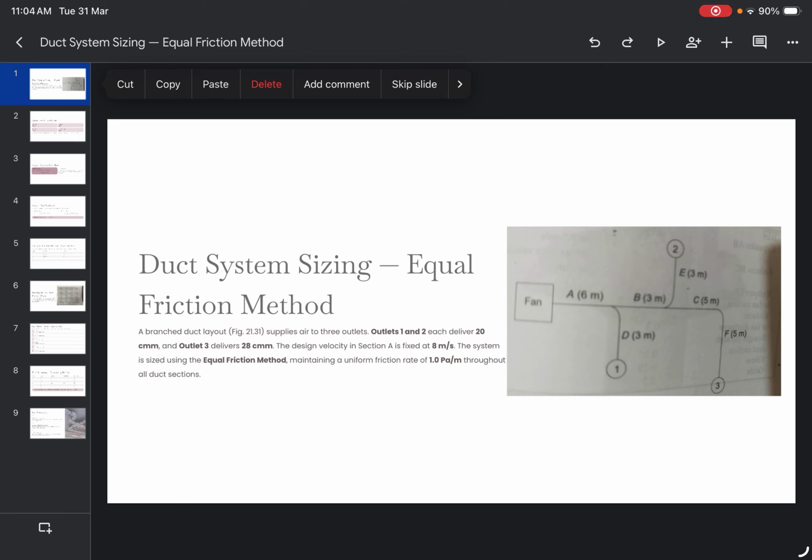This way, we are determining in each section what the flow rate is. Section D is 20, section B is 68 minus 20, which is 48, and so on. Okay, so section C is 48 minus 20, which is 28.